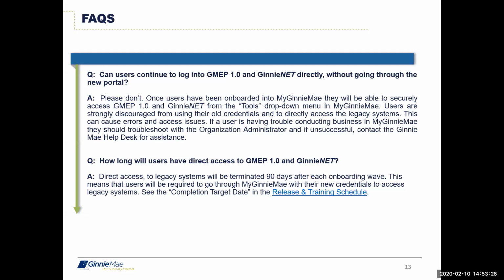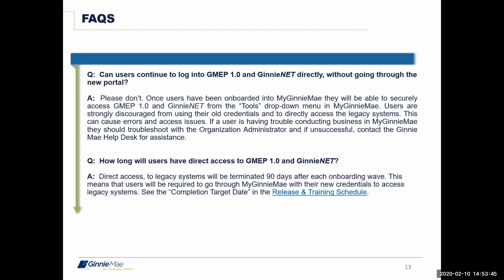As of May 11th, the users in the multifamily issuers will not be able to go directly to legacy systems any longer, logging in with their old credentials. They will have to go to MyGinnieMae to log in with their MyGinnieMae credentials to access those legacy systems.